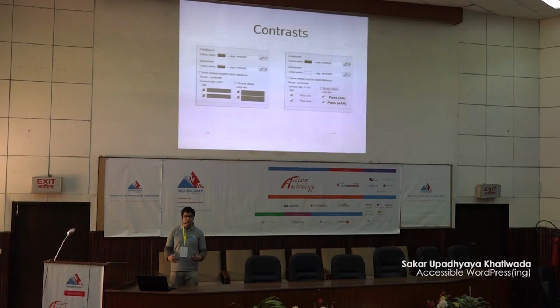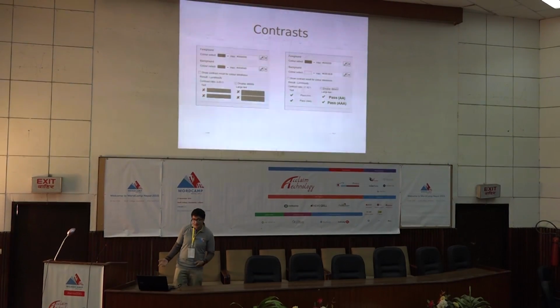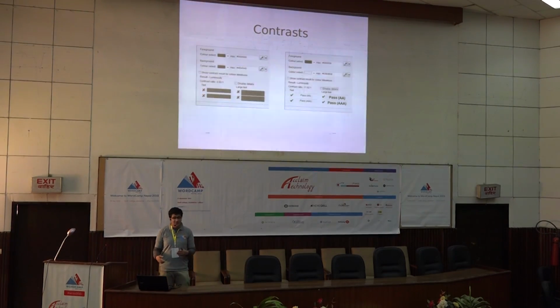Contrast. The foreground and background of your content is called contrast, which according to the guidelines should be higher than 4.5:1. So this is a contrast checker plugin, a contrast checker which I installed. It helps to find out the contrast level, whether it passes or not, for users who do not see like what we think.